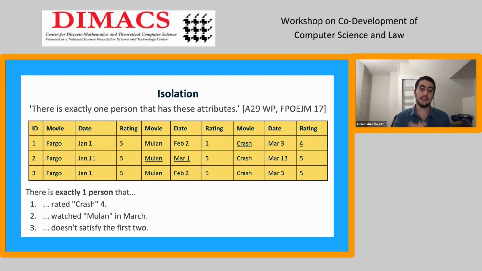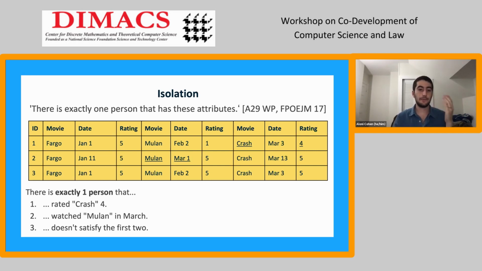So what's isolation? I'll tell you by example first. Here's a database. Let's say it's like the Netflix database. You isolate if you can output a description that matches one person. So one person rated the movie Crash a 4. One person watched Mulan in March. Those are examples of isolating.